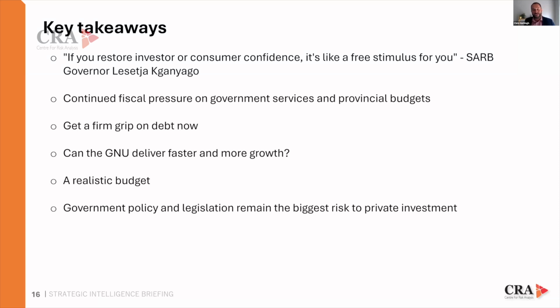Now, maybe if one is kind, you could say they're trying to moderate expectations and put a bit of a dampener on some of the exuberance that we've seen following the formation of the GNU, because they can always revise upward their growth projections if the economy does start to take off. So what do you think around economic growth implications, some of the forecasting terminology being used by National Treasury?